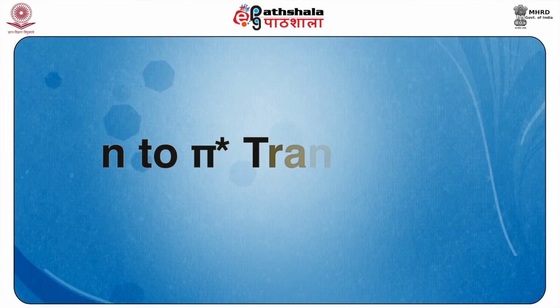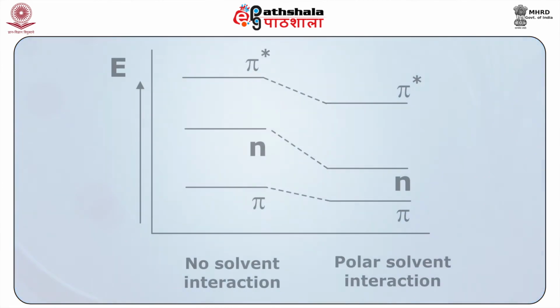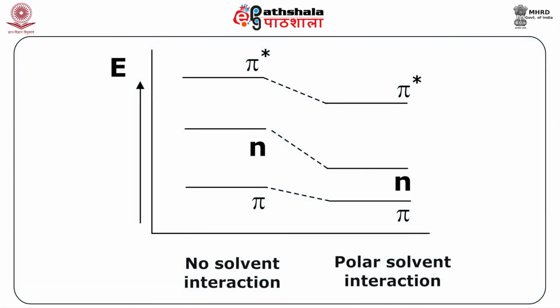Considering the n to pi star transitions, the polar solvents form hydrogen bonds with the ground state of the polar molecules more readily than with the excited states. Consequently, the energy of the ground state is decreased, which further causes the increase in energy difference between the ground and the excited state energy levels.